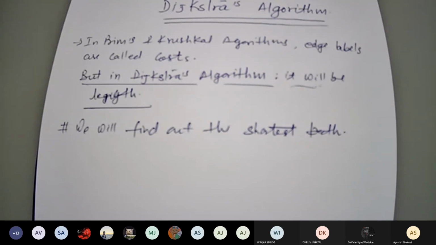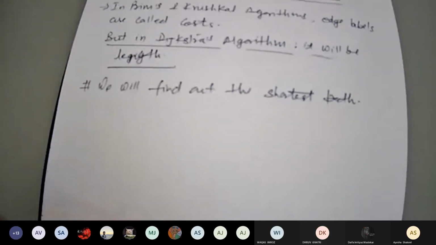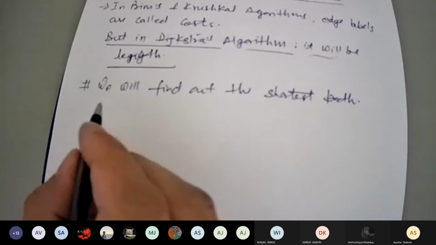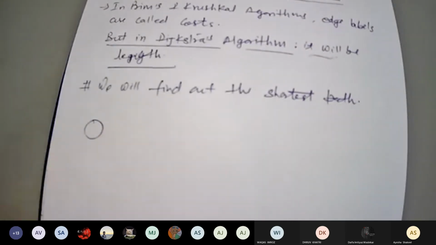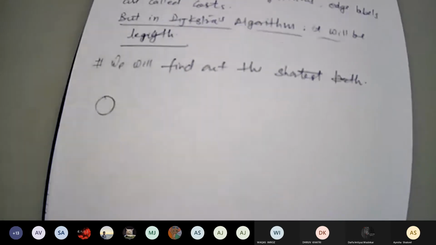Source to destination. So, like for example, I hope this is visible to you people. Yes.